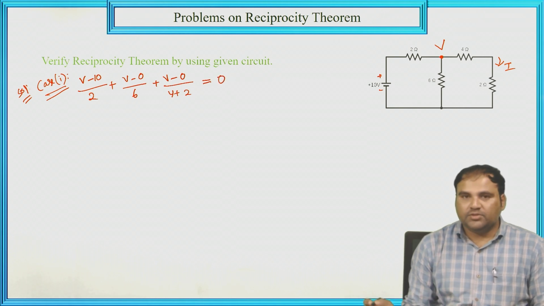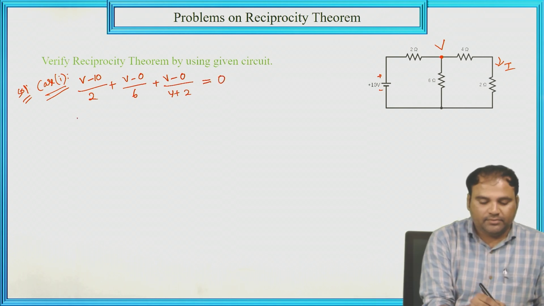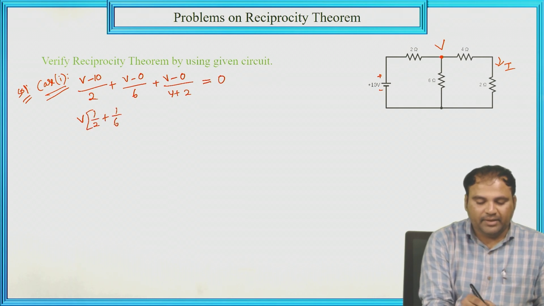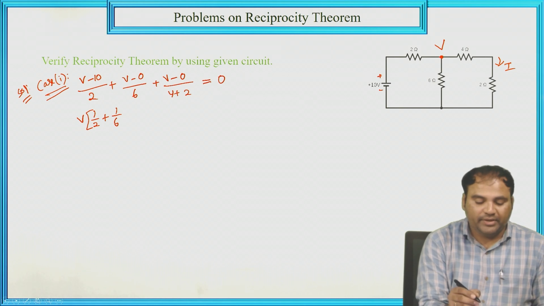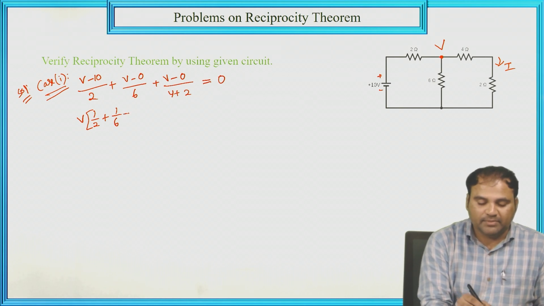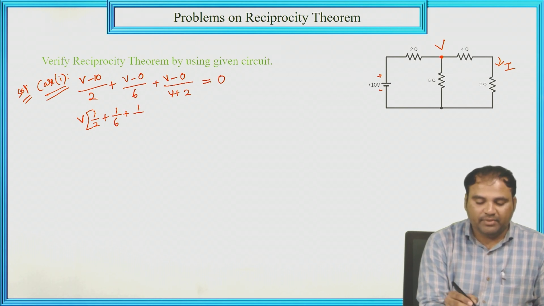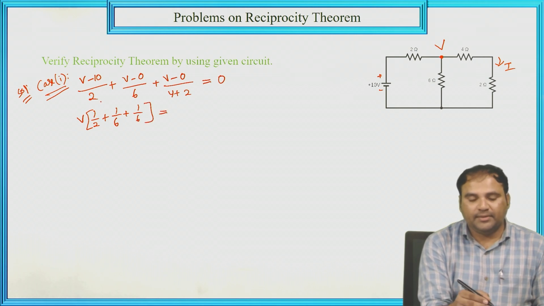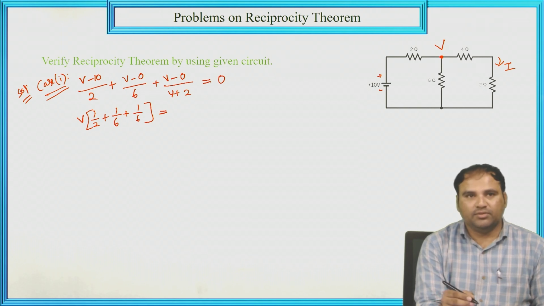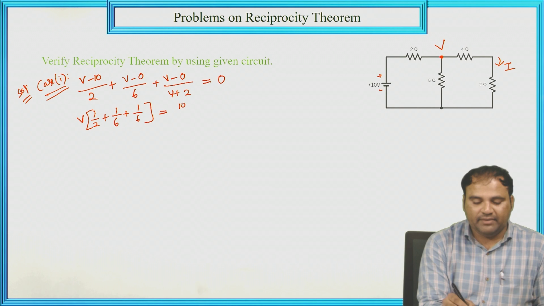Now taking V as common, V into (1 by 2 plus 1 by 6 plus 1 by 6) is equal to 10 divided by 2.